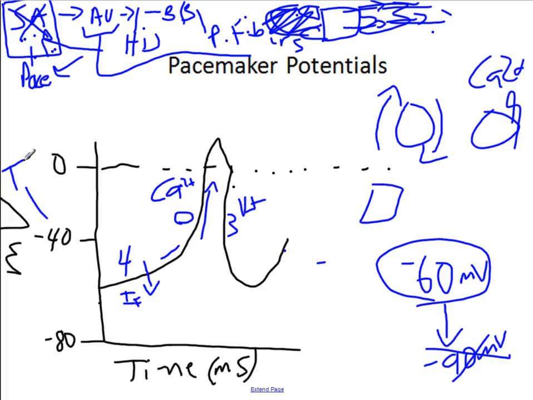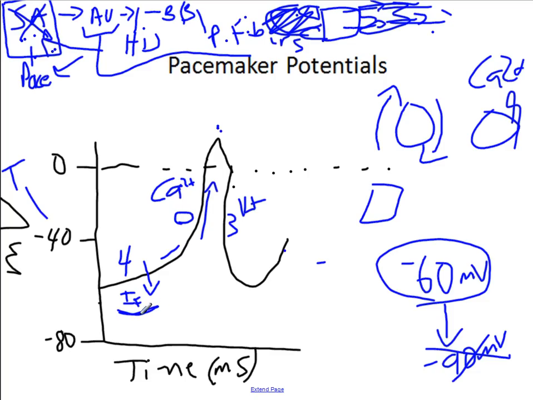And remember that once threshold is reached, calcium channels will open, and then we'll have a massive influx of calcium into these cells. And then once we reach a certain charge, calcium channels close, potassium channels open, and we repolarize back down to negative 60 millivolts. And immediately when we get back down to negative 60, this starts all over again.